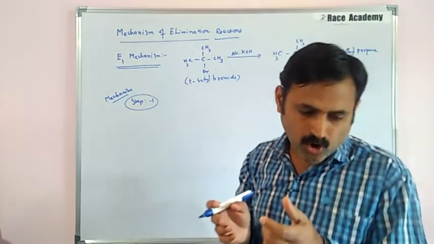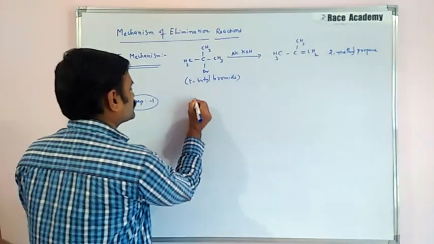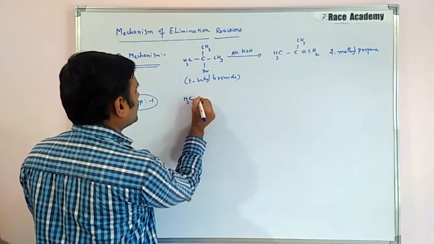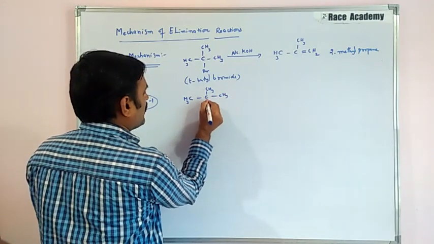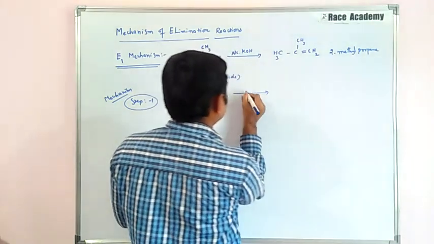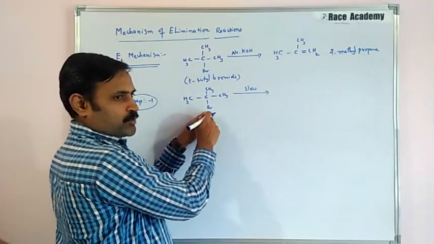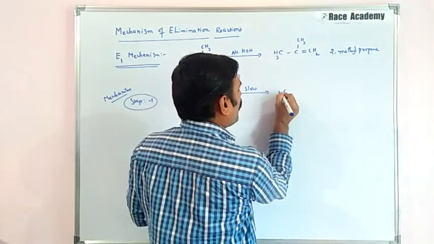So preparation of a carbocation is the most important point here. We take tertiary butyl bromide, and it undergoes cleavage between carbon and bromine, producing a carbocation that must be stable.